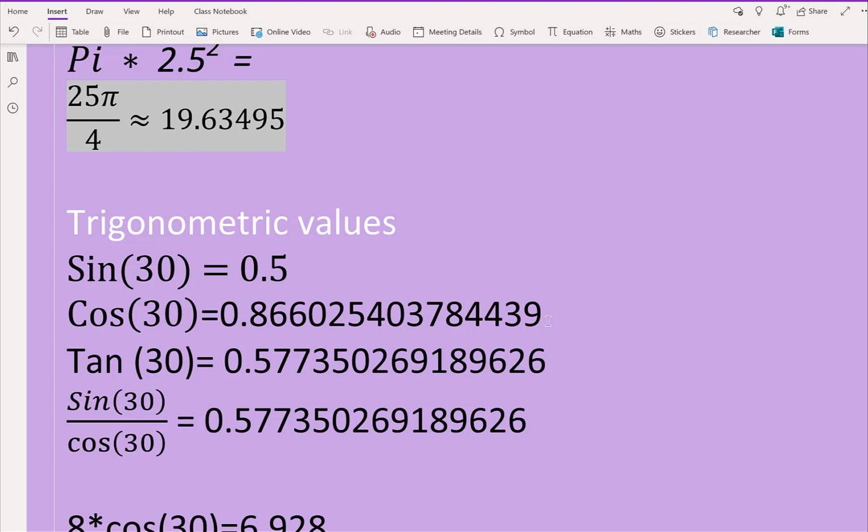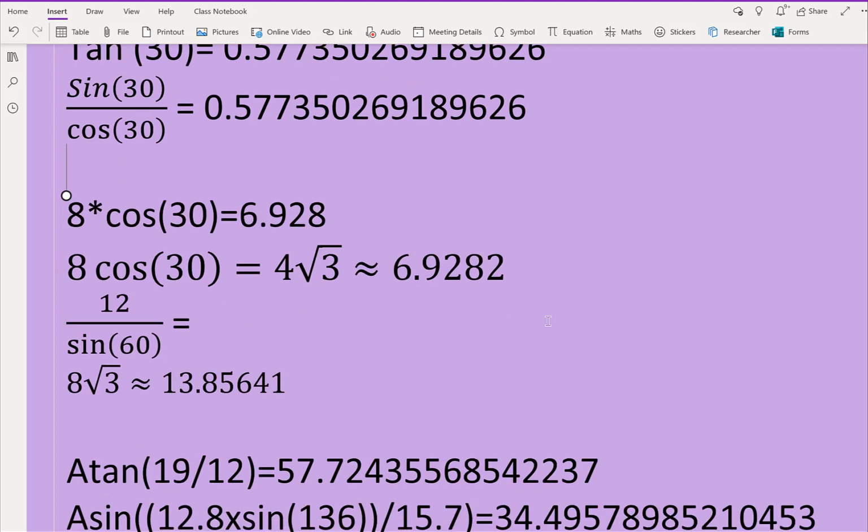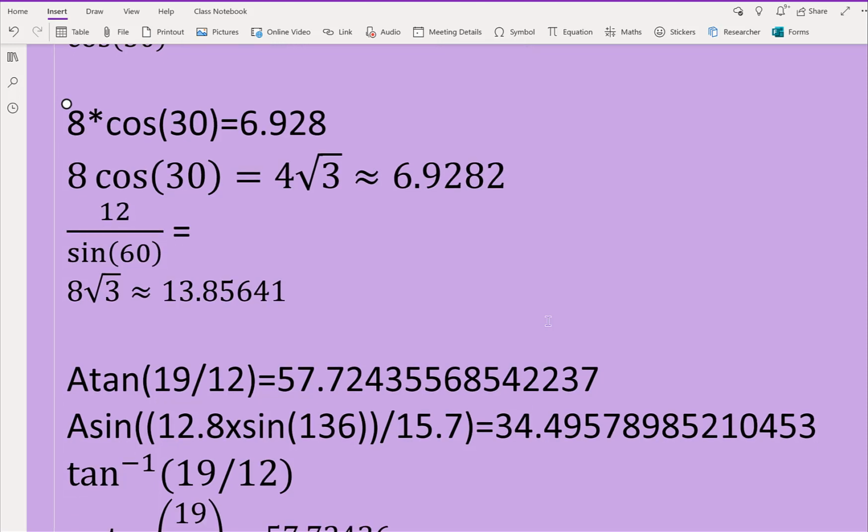With trigonometric values, I can just type sine and then the angle, cos or tan, and it will give me all the values. So here are some examples of the calculation that I have performed using OneNote.